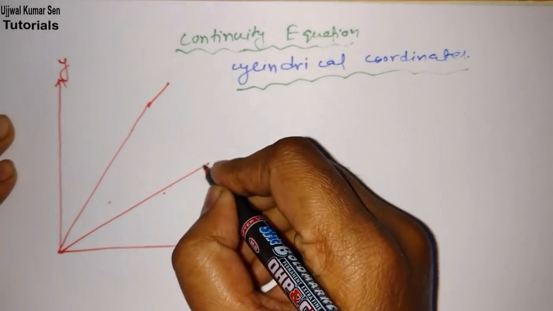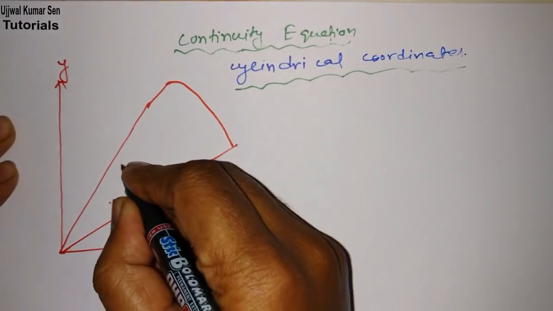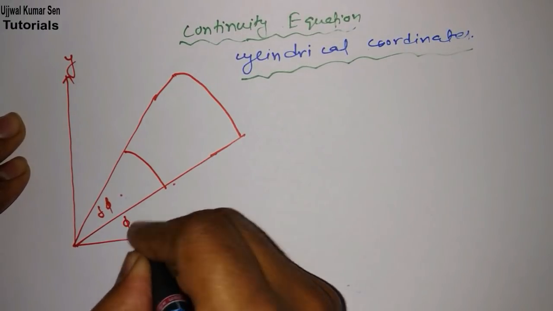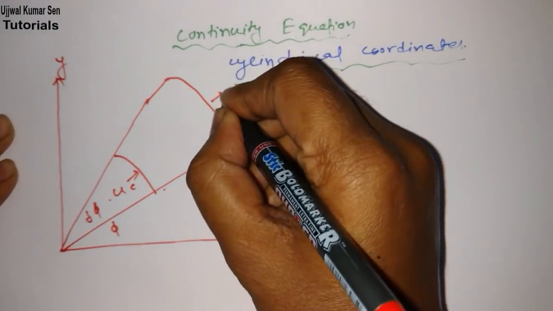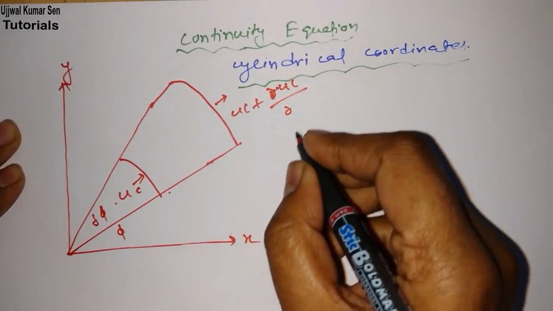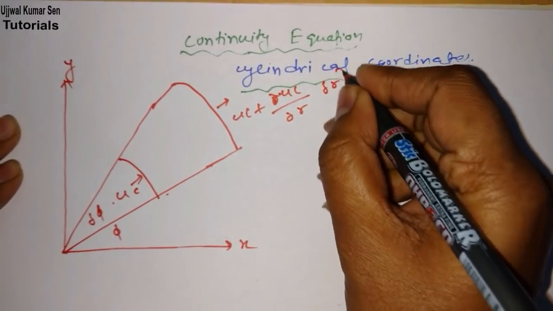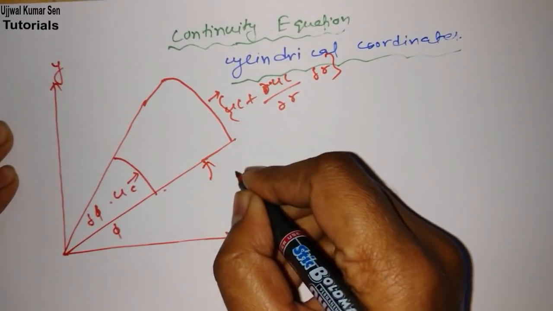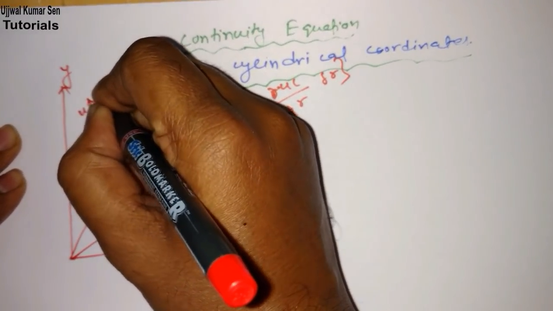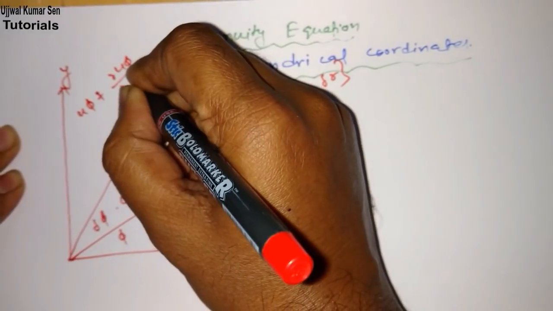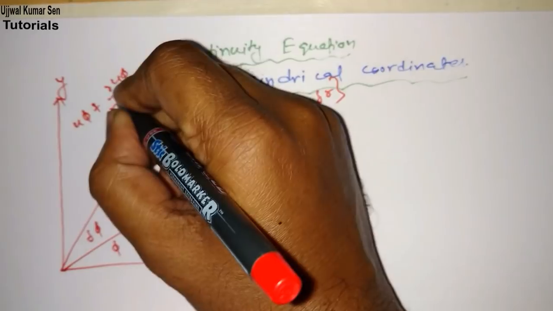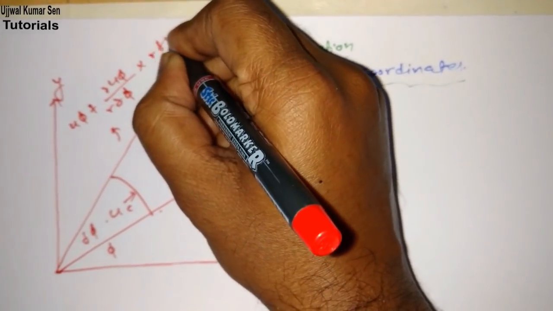I'll make this diagram a little bit bigger so that there would not be any hodgepodge. This side is u_z, ∂u_z by ∂z. This direction is r, and this is Δr. On this side I'm taking u_φ, therefore here u_φ plus ∂u_φ by ∂φ in this direction, and r should be here, multiplied by Δφ.